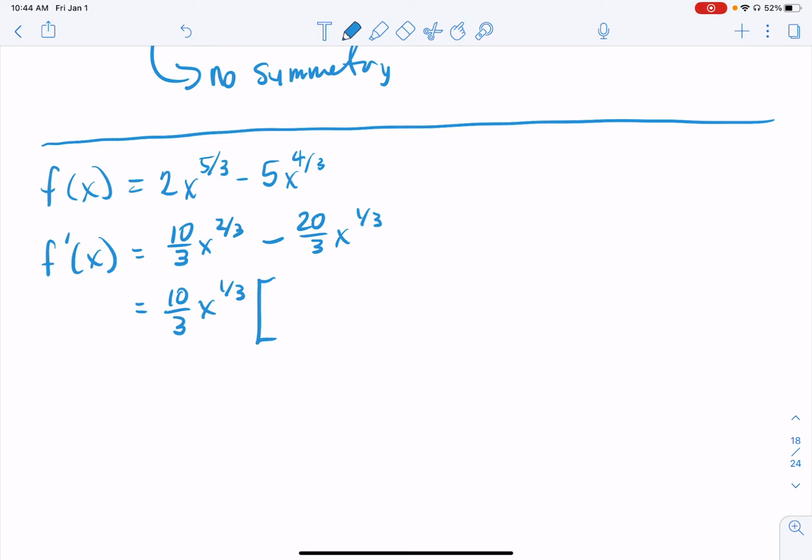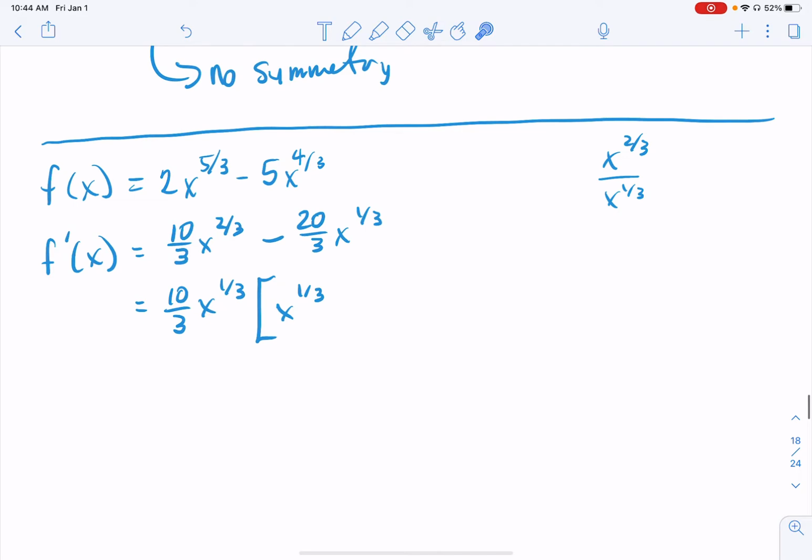Okay, and let's see, x to the 2/3 divided by x to the 1/3. Subtract your exponents, you get x to the 1/3. That should make sense because if we were to multiply these together, we would add them together to get that 2/3. And then minus 2.